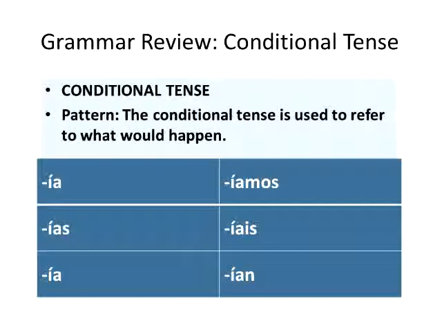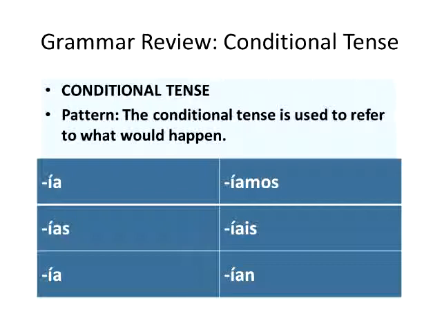Just a quick review. Here are the endings that we used from last week that we went over. We have ía, ías, ía, íamos, íais, and ían. So when do we use the conditional tense in Spanish? What is that for? Something that would happen, yes.